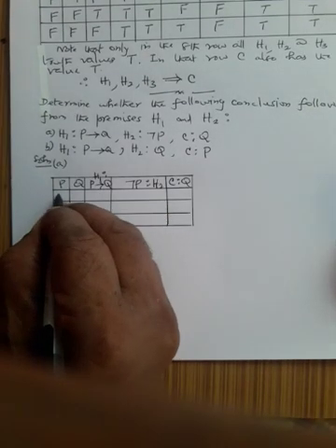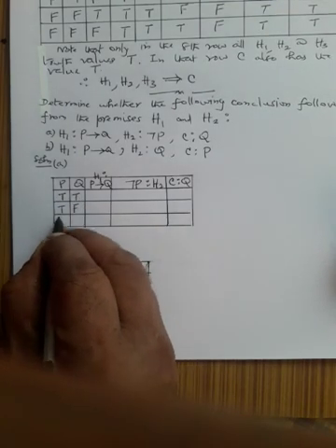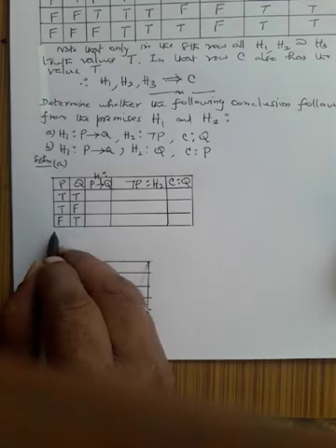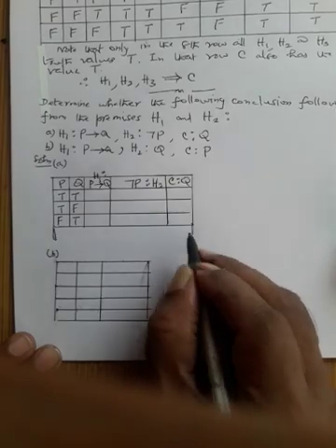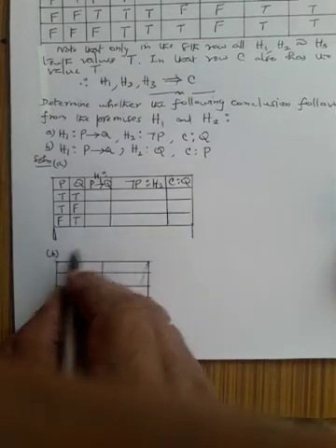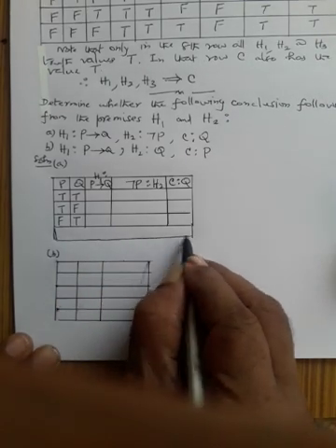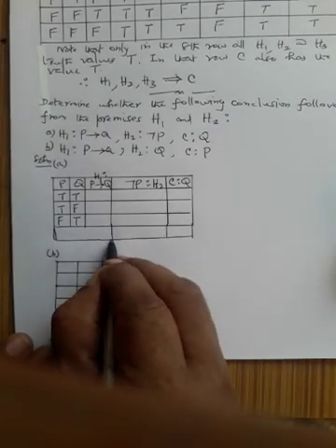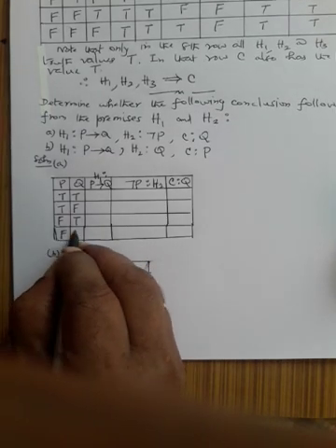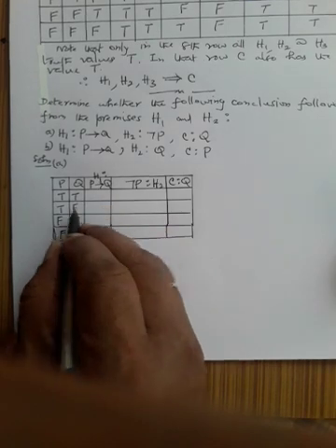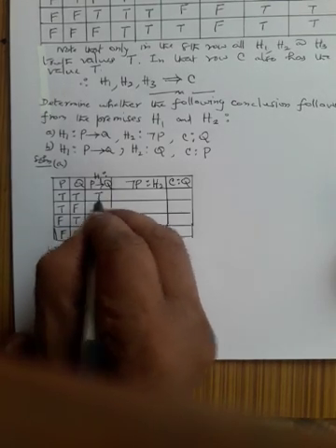Here you have TT, and then TF, and you have FT, and one more, FF, both are F. Conditional is F only when T to F, the rest of them are all true.